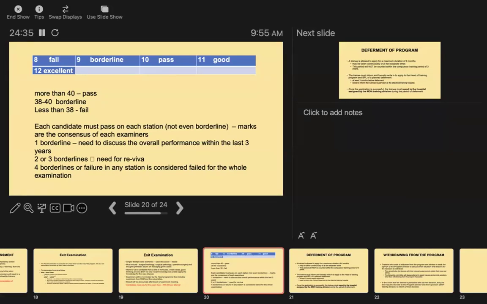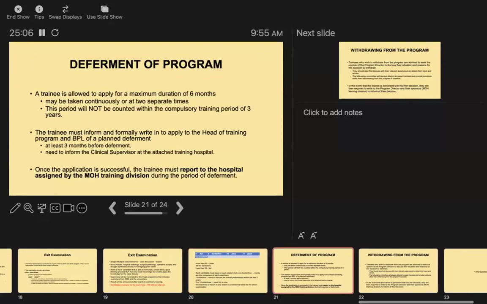Dia ni kandidat yang hebat ke, kalau hebat mungkin kali ni dia exam dia panic. So kita consider that. Or 2 or 3 borderlines, biasanya kita akan minta for revival on the same day. Right? 4 borderlines or failure in any station is considered fail for the exam. Ada clear right? Right.